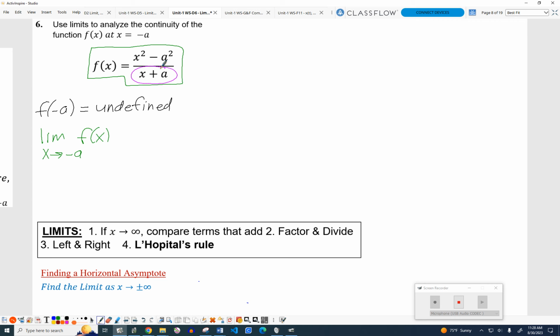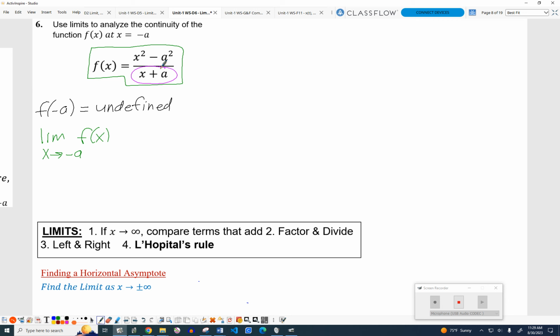For that purple term, or you can think of it as a factor on the bottom, if you substitute in place of x a value that is not negative a, but is close, so it's almost negative a, what are you going to get on the bottom? What number?